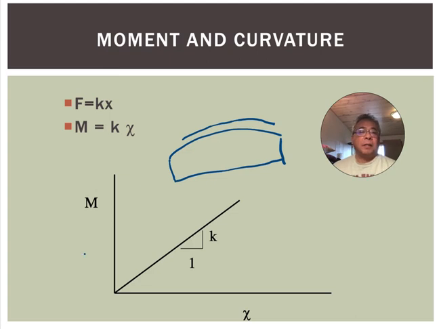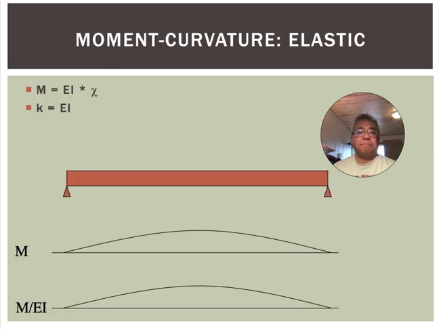Okay, so you can get the moment diagram, hopefully, right? You get the moment diagram for something, and it turns out the spring constant for curvature is EI. So the curvature times EI is the moment.